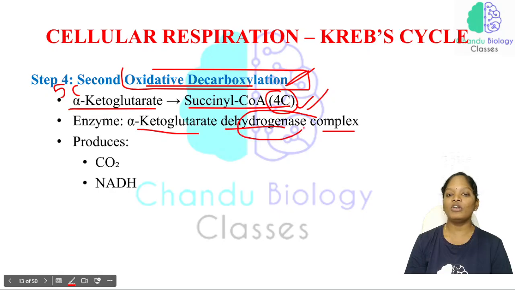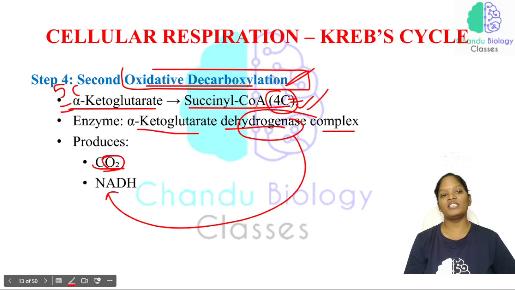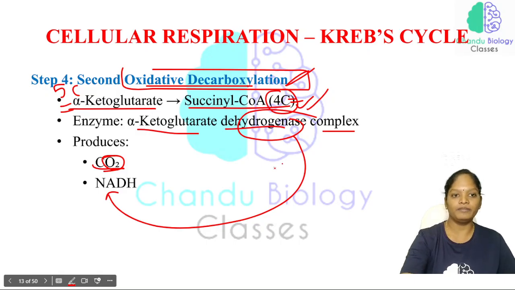Again there is the involvement of a dehydrogenase enzyme, so definitely there will be production of NADH. Here 5 carbon has been converted to 4 carbon, which means 1 carbon has been removed as carbon dioxide. So the second oxidative decarboxylation takes place in the fourth step. Kindly make note of it. This is another important step.